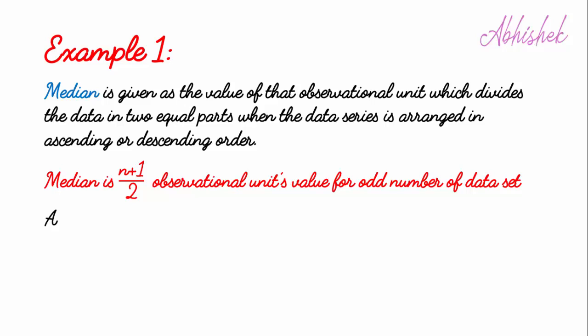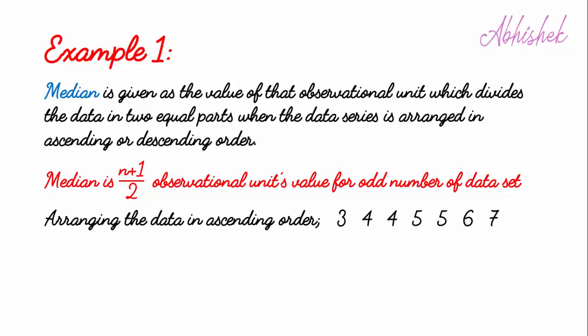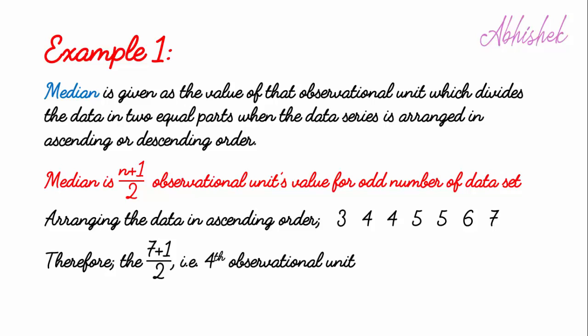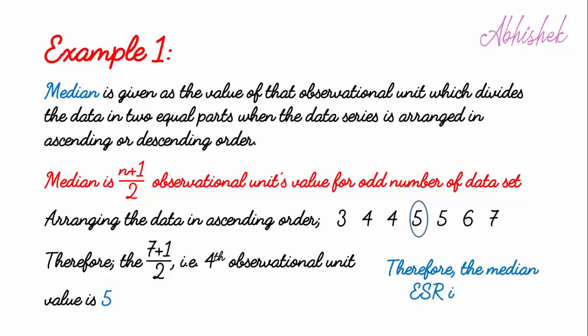The median is the value at n plus 1 by 2, which is 7 plus 1 by 2, that is the 4th observational value, and in this case 5 is the 4th observational value, and therefore the median is 5 units of ESR. Median therefore divides the data set into 2 equal halves, while mean is the positional midpoint of the entire data set.